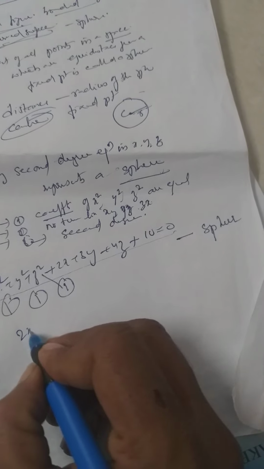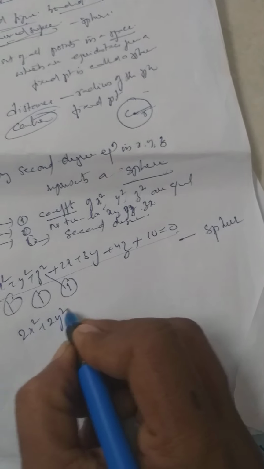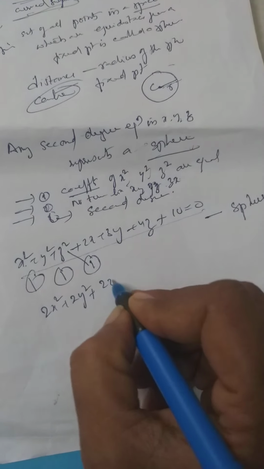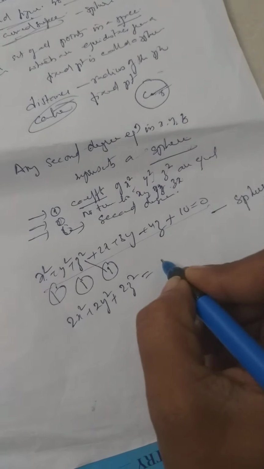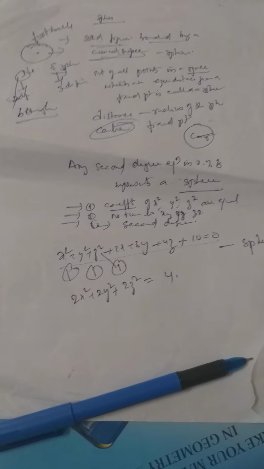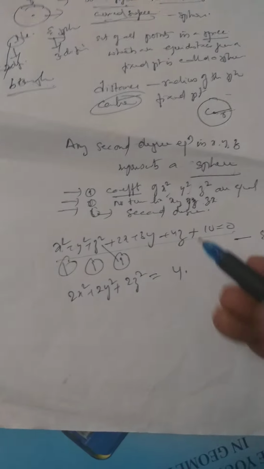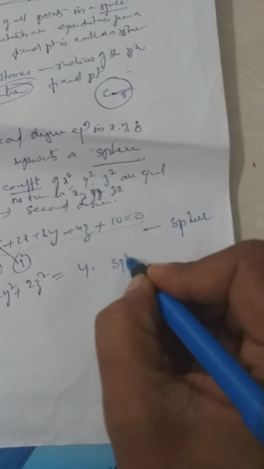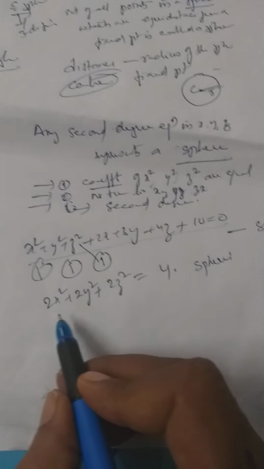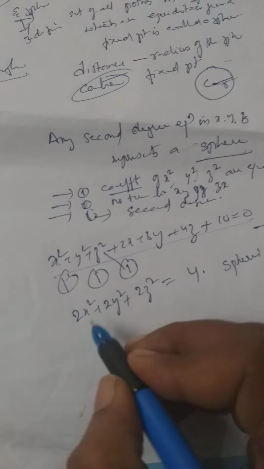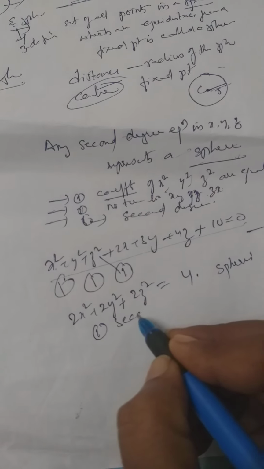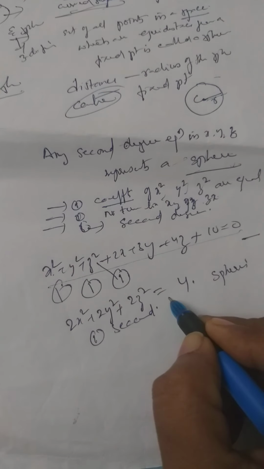Now second example, 2x square plus 2y square plus 2z square is equal to 4. Whether this equation represents a sphere or not. Yes, this equation also represents a sphere. Why? First of all, it is a second degree equation.